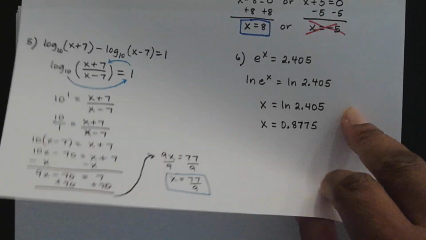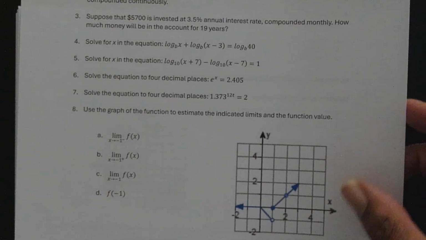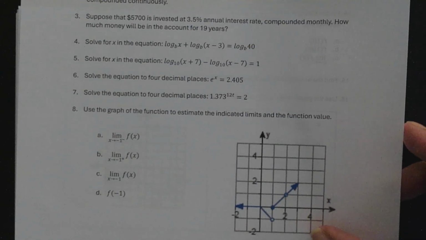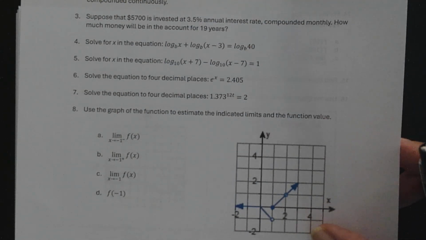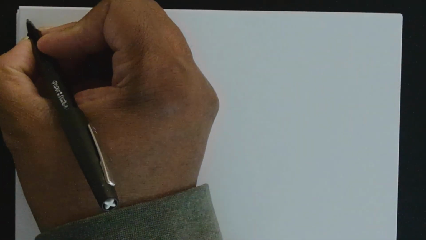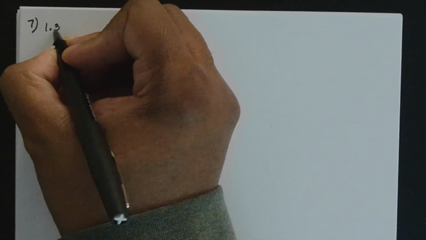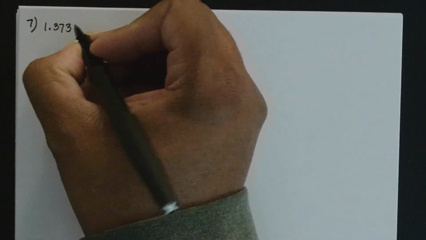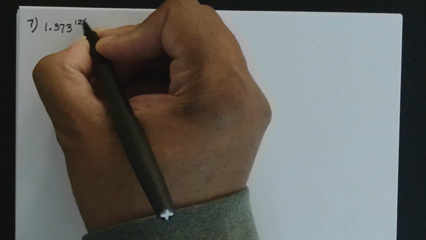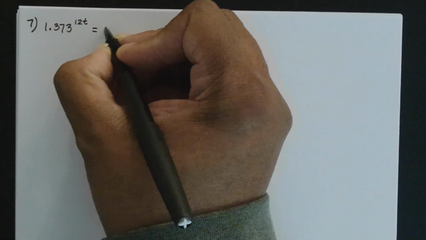Okay, number 7 is solve the equation to 4 decimal places also. This will be 1.373 to the 12t equals 2. Okay.